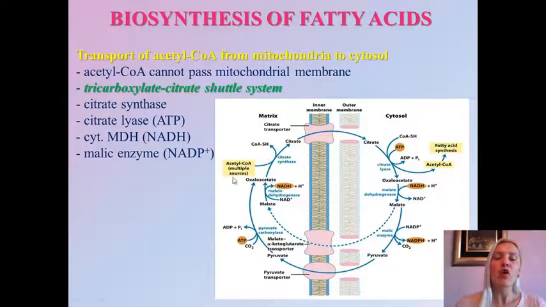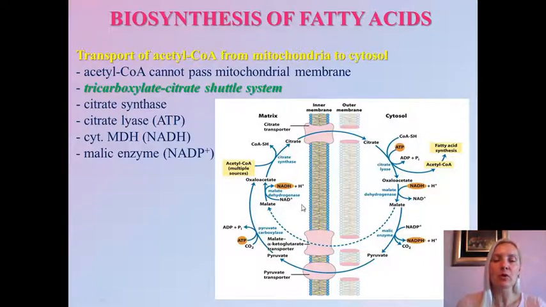So from multiple sources, our acetyl coenzyme A has to be transported to cytosol, but acetyl coenzyme A cannot pass the mitochondrial membrane because of the steric problems and issues with the coenzyme A part of the molecule.